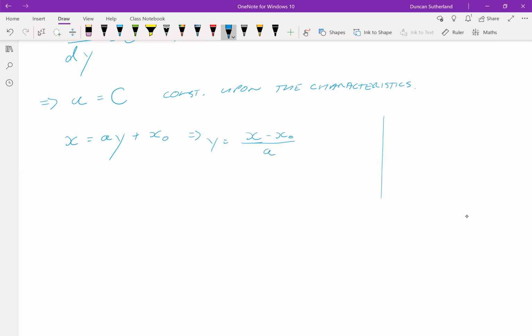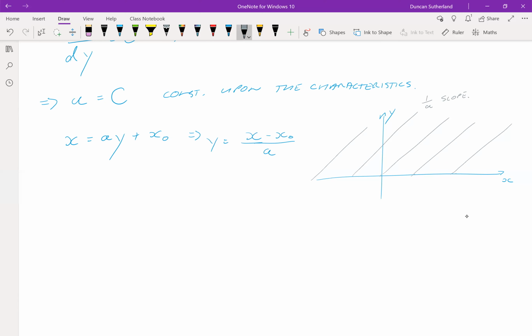So in x, y, you've got characteristics that look like this. Everywhere the slope is 1 over a, and the starting points represent different values of x0.